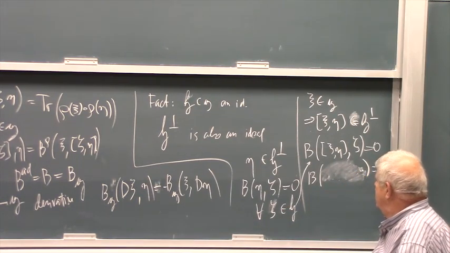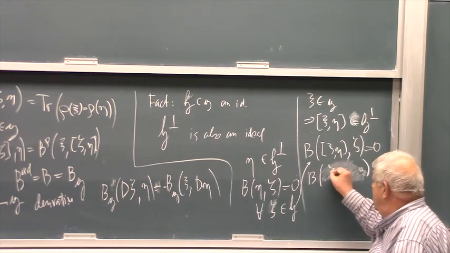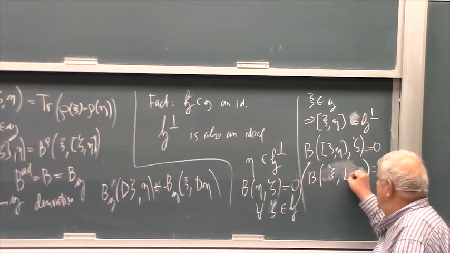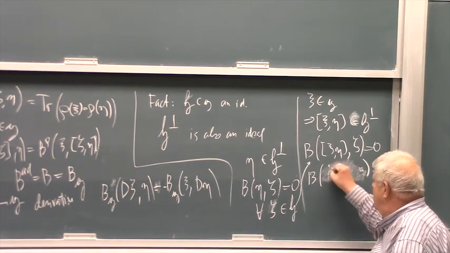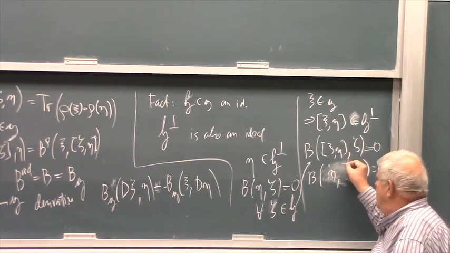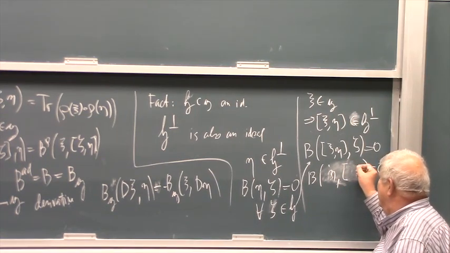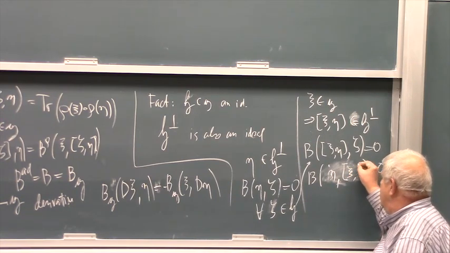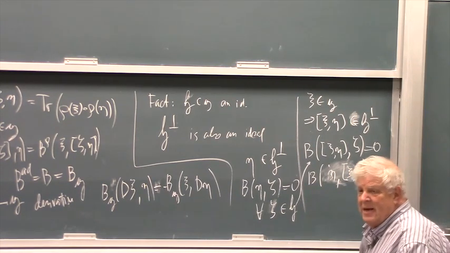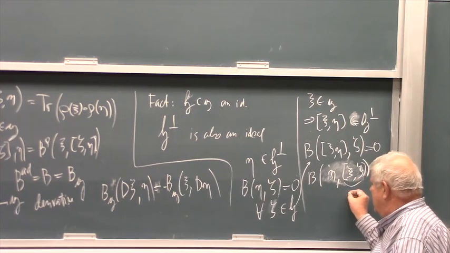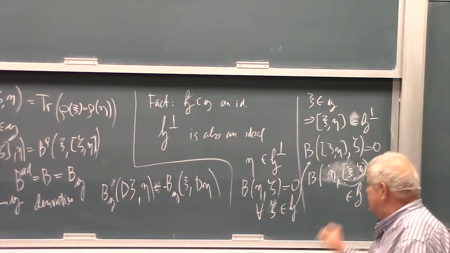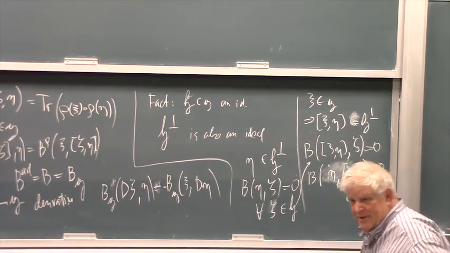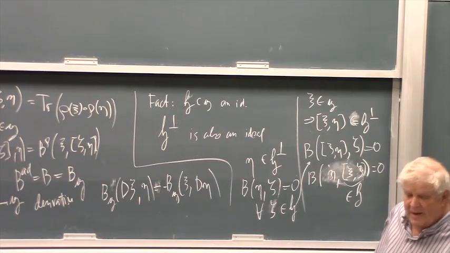So this means that [eta, zeta], which belongs also to H because H is an ideal, is 0, right? Yes.